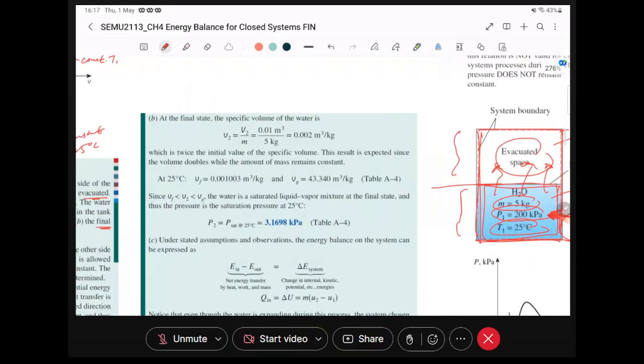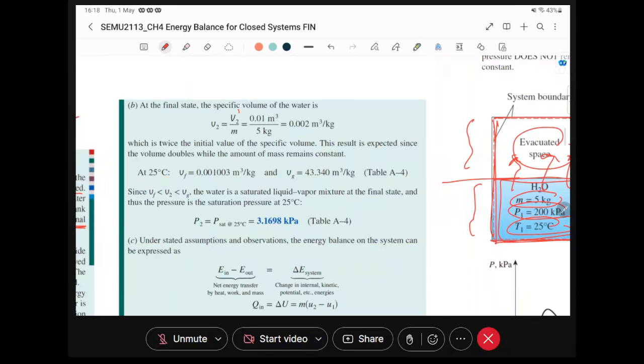Once we know the volume of the second state, V2, 0.01 just now, we can find the specific volume, which is 0.002. The reason we want to find that is because we're not sure whether after it expands, it is still compressed liquid, or a mixture, or turns completely superheated.